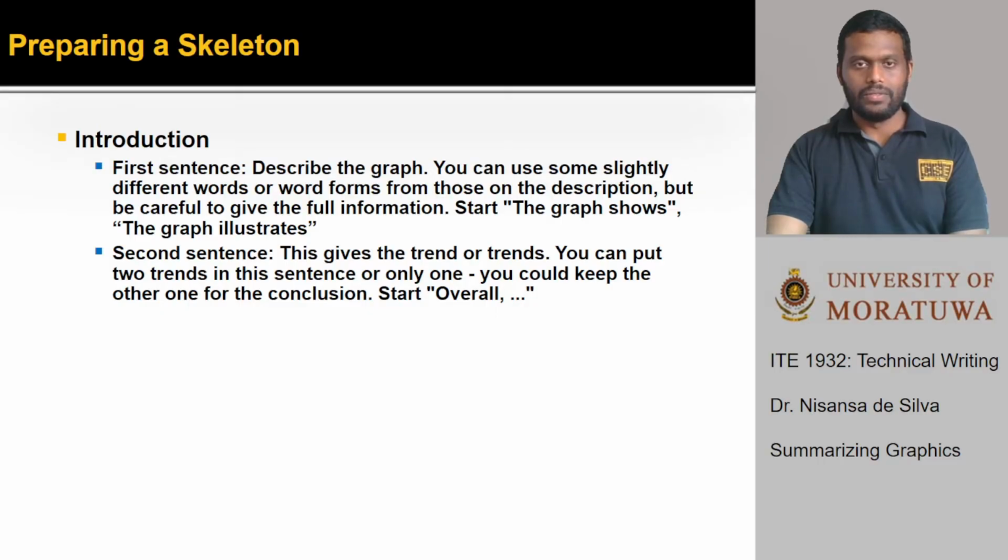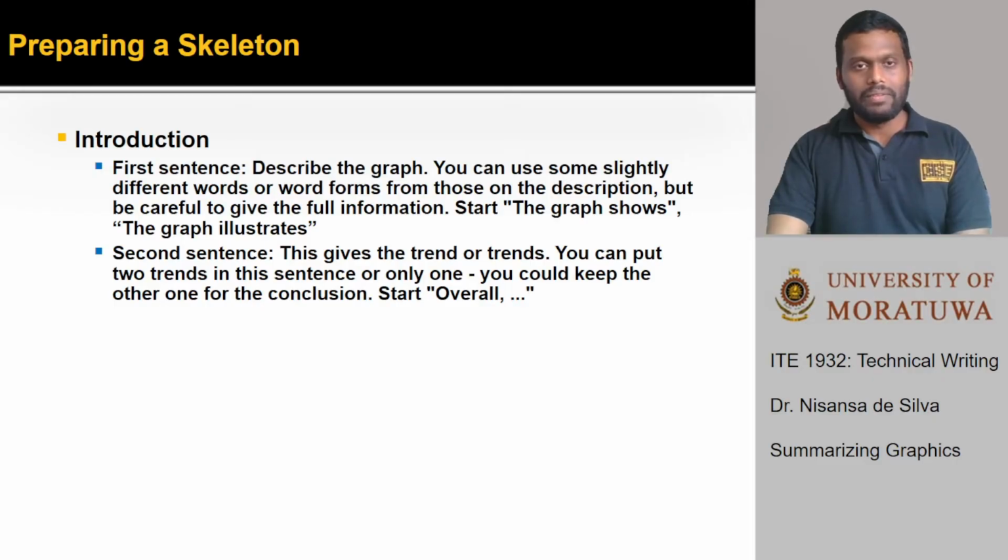Next, you can describe one or two trends of the graph. You can put one and keep the other for the conclusion. Or maybe you can mention both here and then reiterate both in the conclusion.